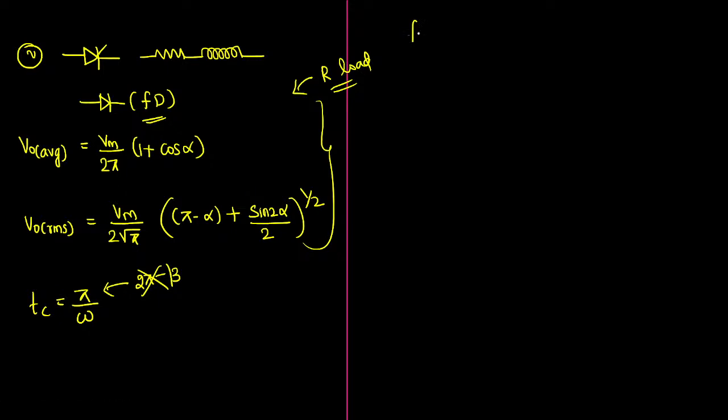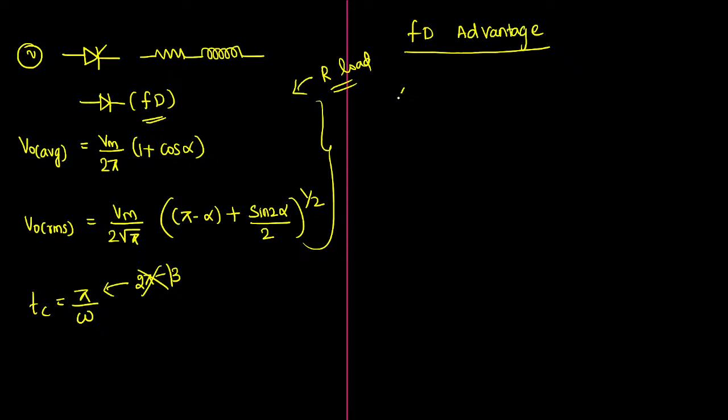So, connecting the freewheeling diode gives some advantages. If you connect the freewheeling diode across the load, that is in parallel with the load, what are all the advantages that we observe just because of this connection? There are so many advantages.